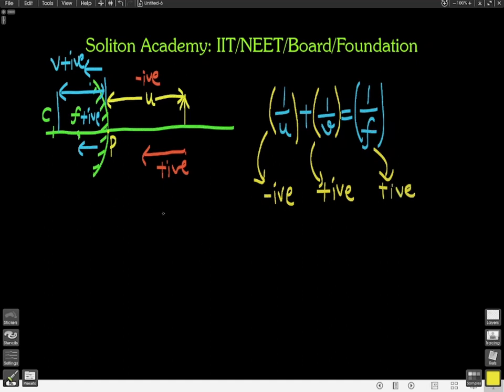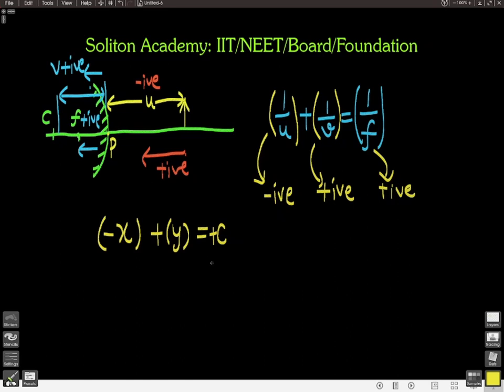Let's say we can rewrite this. Let's represent 1/u by x, and it is going to be something negative. Then we have 1/v along the y-axis, which is going to be something positive, is equal to a constant. So we can rewrite this as y = x + c.